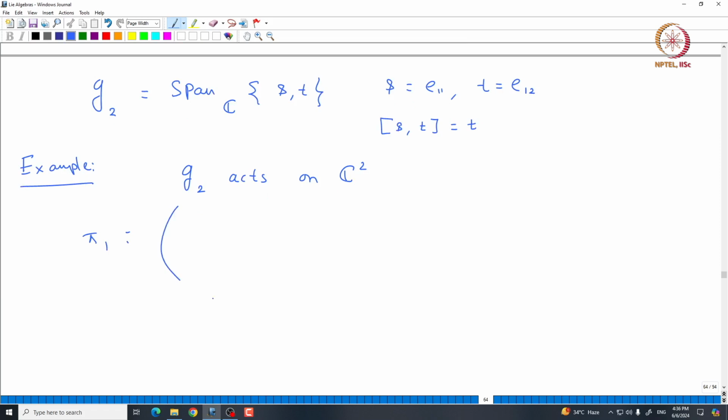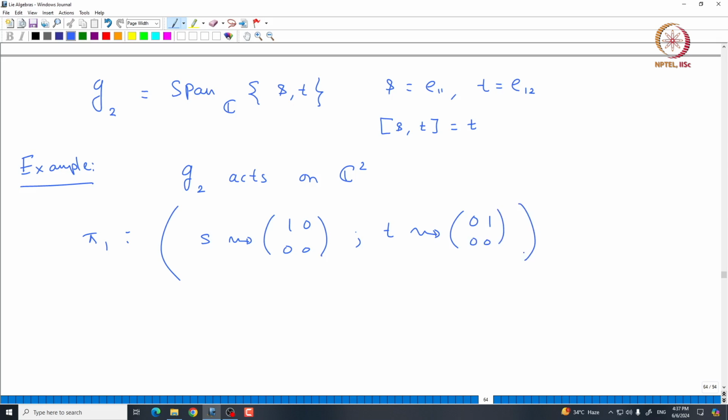via, let us say, pi 1. So, what is pi 1? So, pi 1 we can just tell how S and T act, then we can extend that to any element of g2. So, I am going to tell you how S acts. So, S acts as 1 0 0 0 and then T acts as 0 1 0 0.